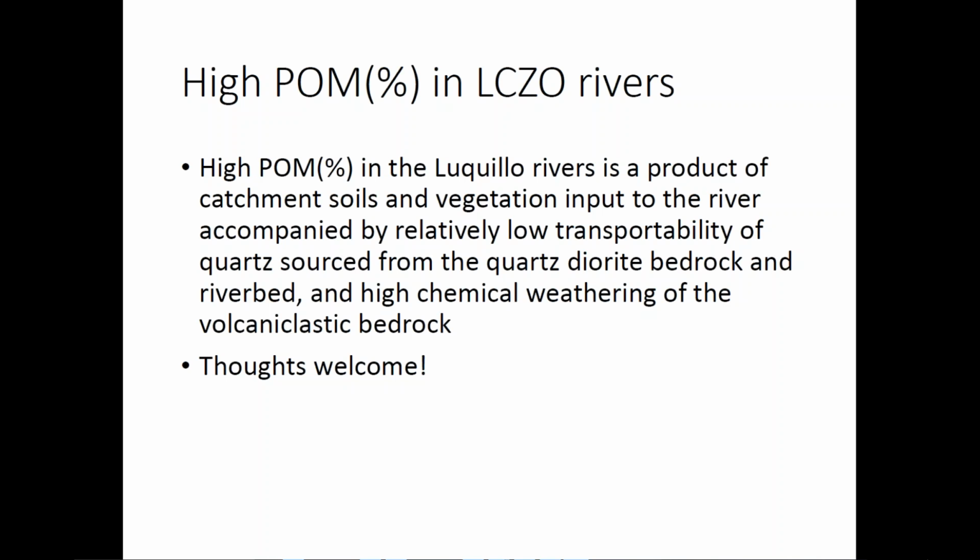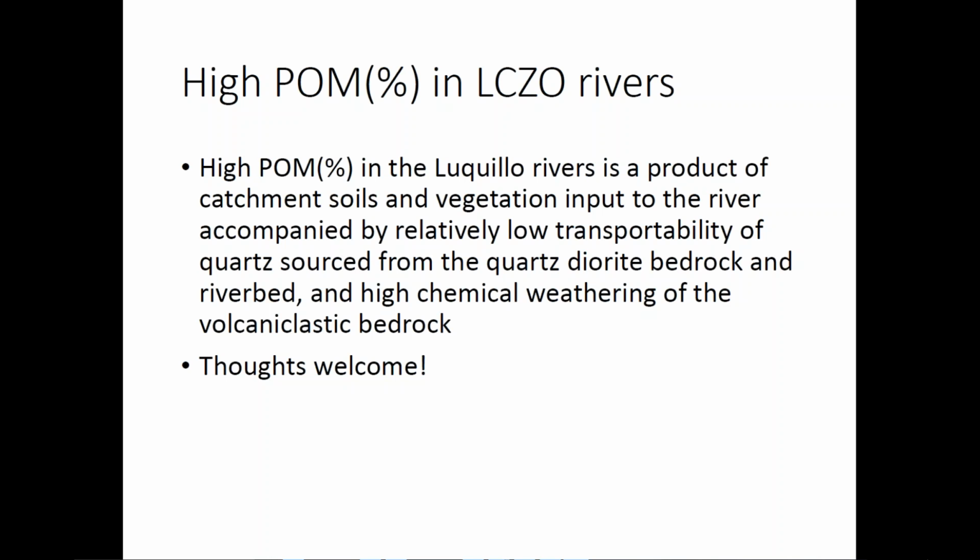One thing that I didn't show because I thought it was a bit much for this talk, but I do want to mention, and it's part of this paper, is that we also have LOI data for a lot of the samples.